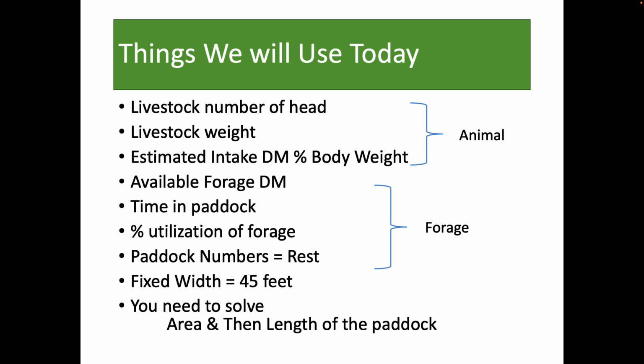It may drop down to 2 to 2.5% as they mature, but then when we get back up into the fall on good lush regrowth, it'll bounce back up to 3% again. So 3% of body weight is a good general rule of thumb for dry matter intake for a lot of our animals.